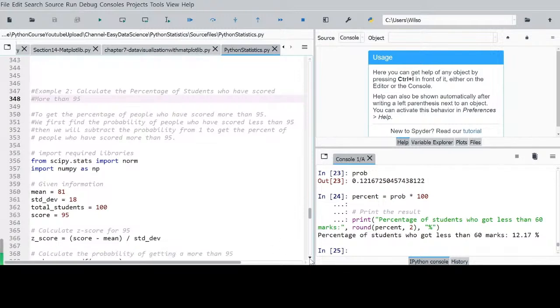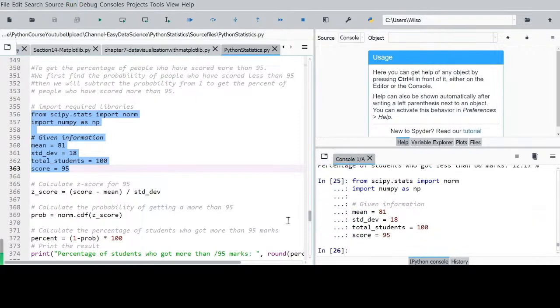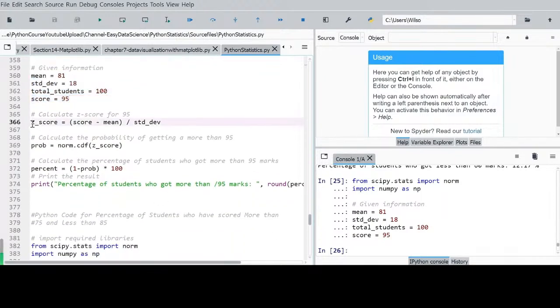So it's quite simple. This is the same as before. We just set the score as 95 here. And the same as the previous example, we calculate the z-score and the cumulative probability of this z-score.